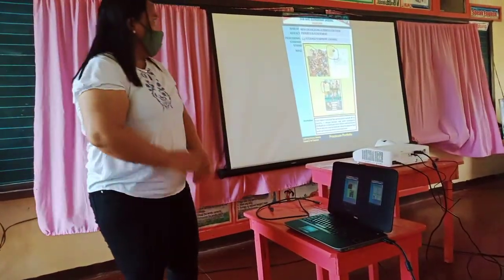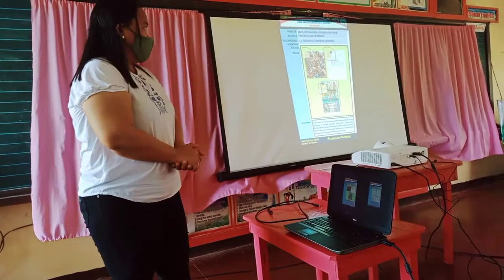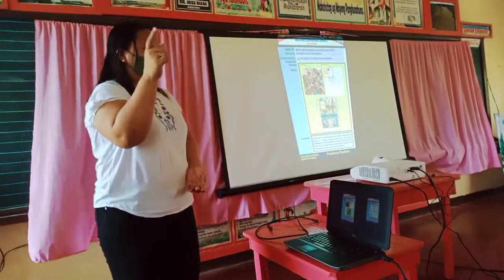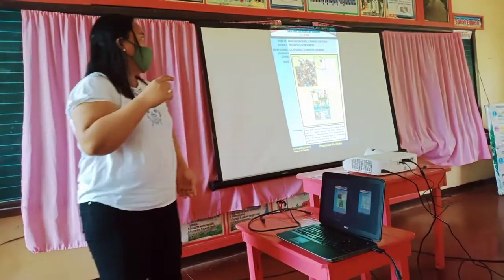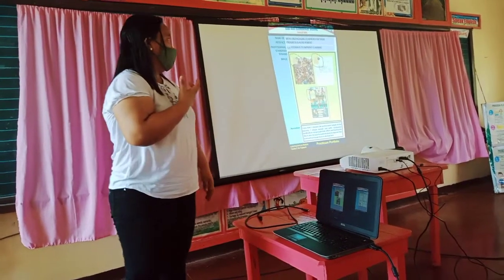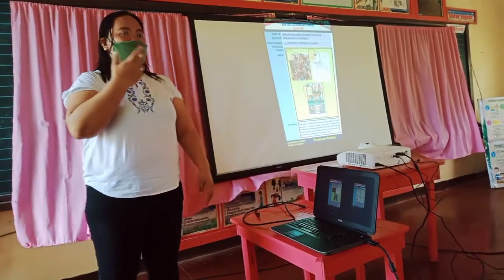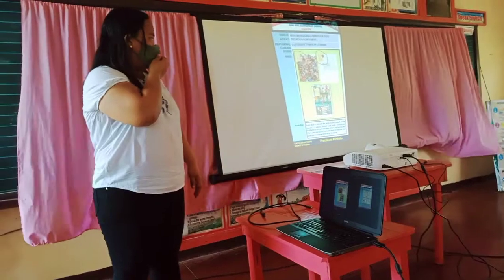Another, for 5.3, feedback to improve learning. The part which I put a circle on is a sample feedback to my learners when they do their performance task.